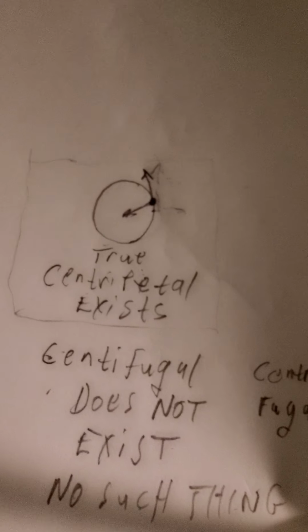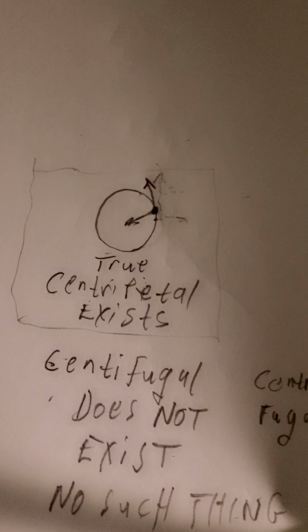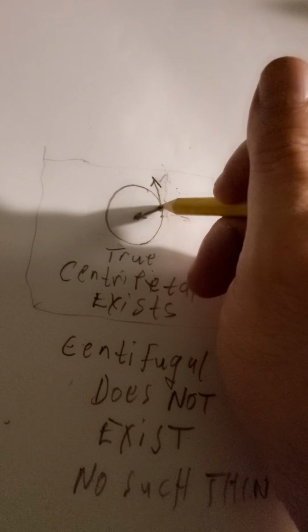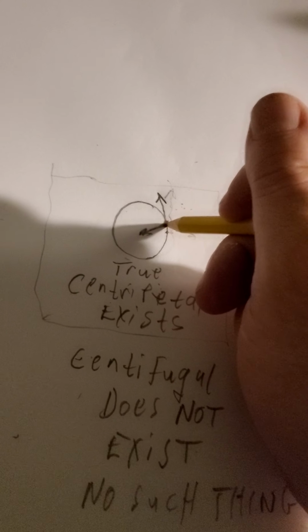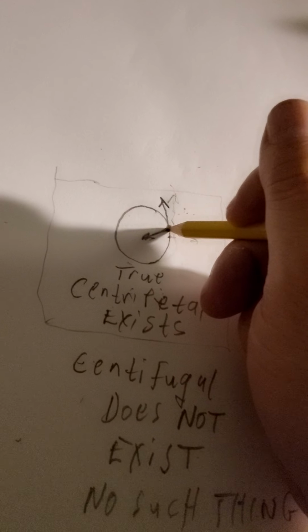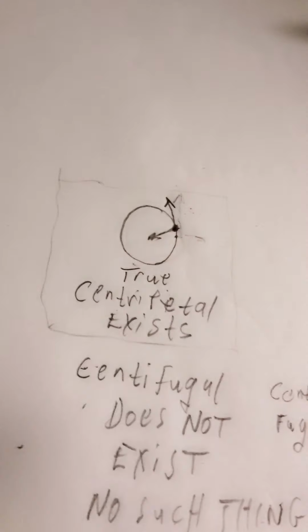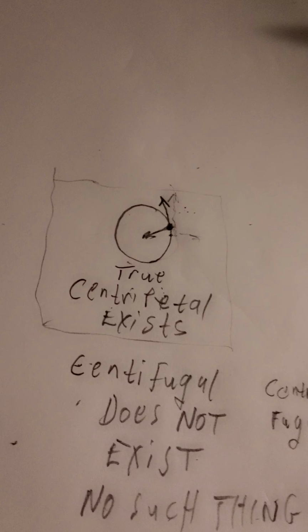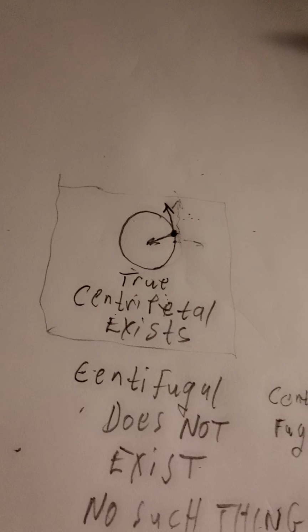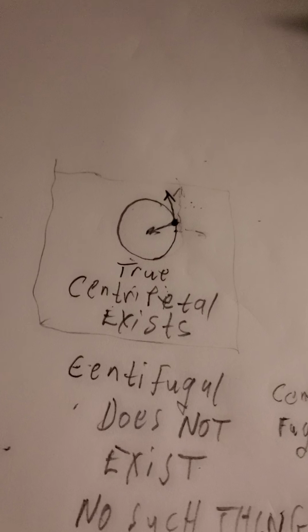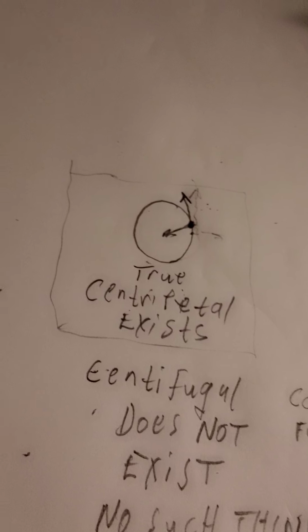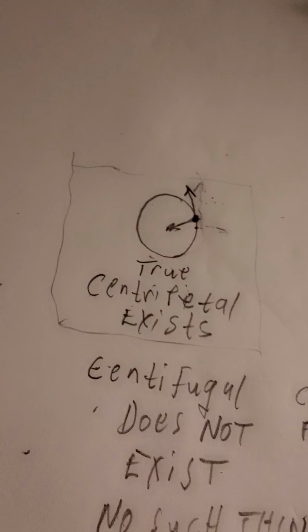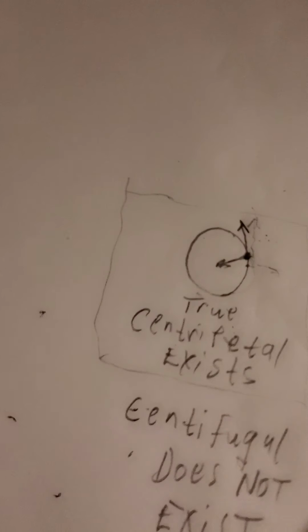Now, if you had a motorcycle here, there's a frictional force that's also holding it to the road. You can find the maximum velocity that you can go before you fly off that road by solving for the frictional force. You set the frictional force equal to centripetal force, and you solve for v, and that will be Vmax.